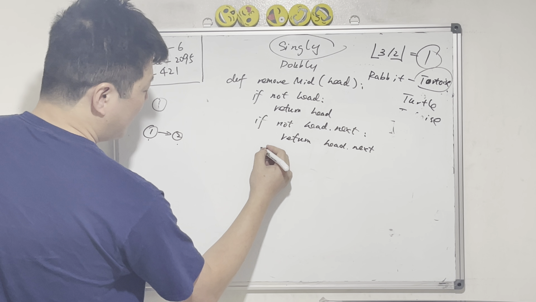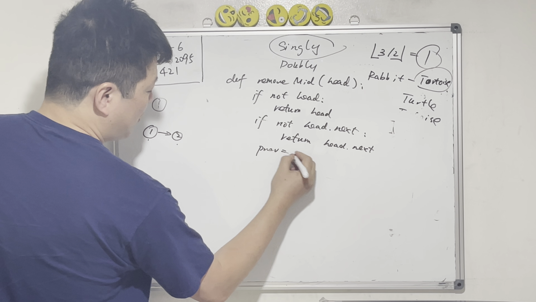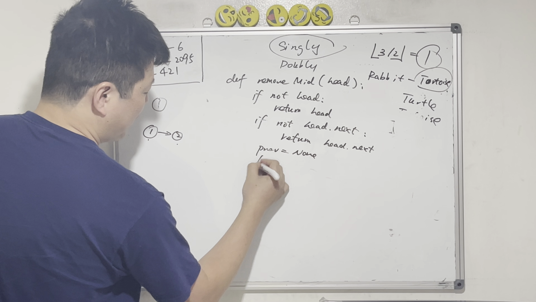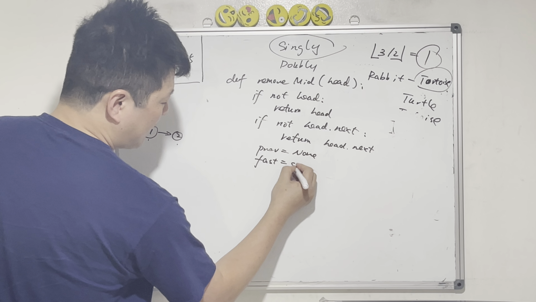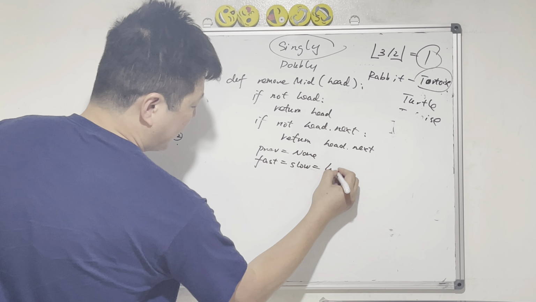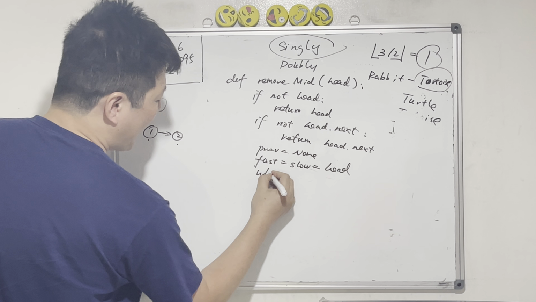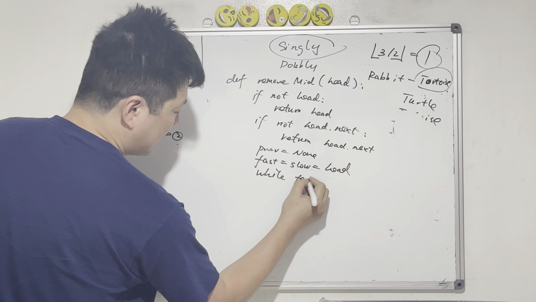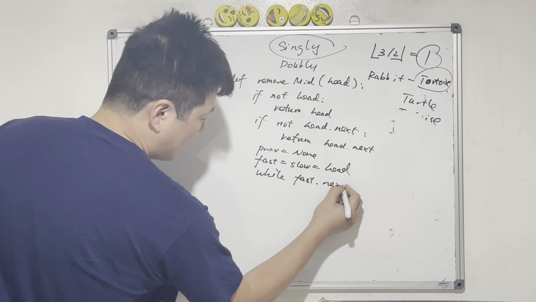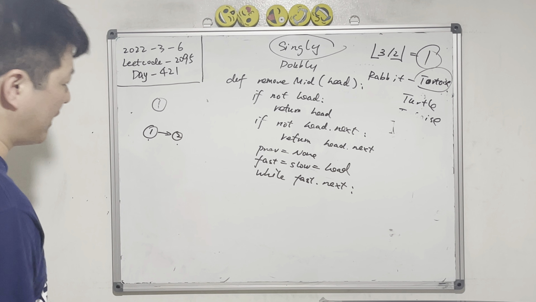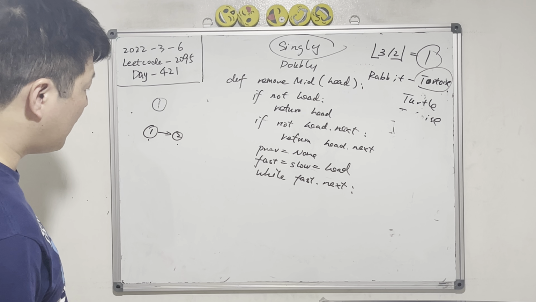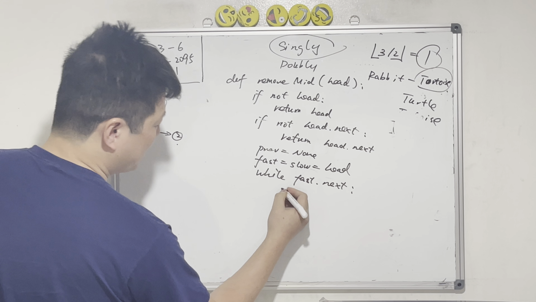Now, previous node equals None first, and then fast equals slow equals head. While fast.next, then we do what?